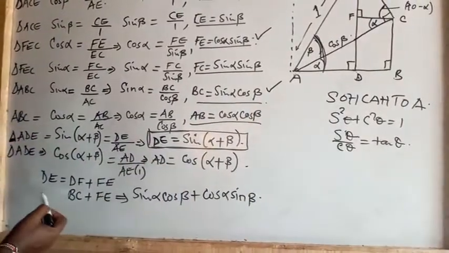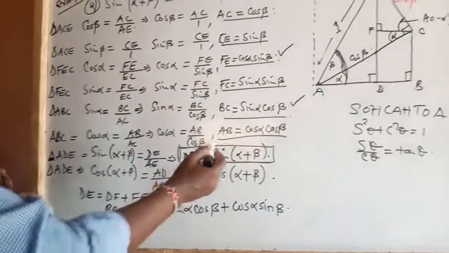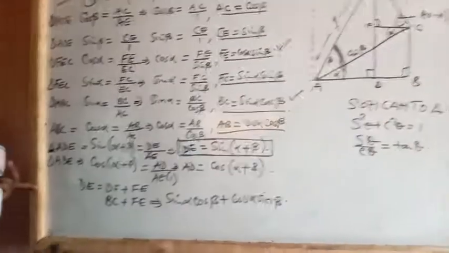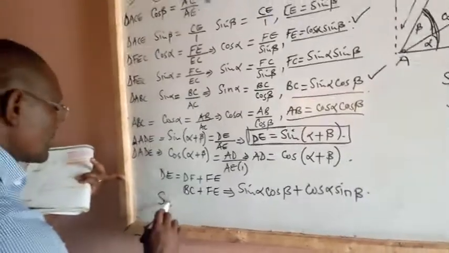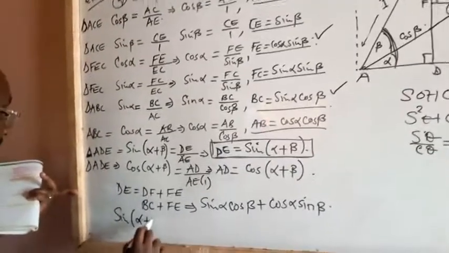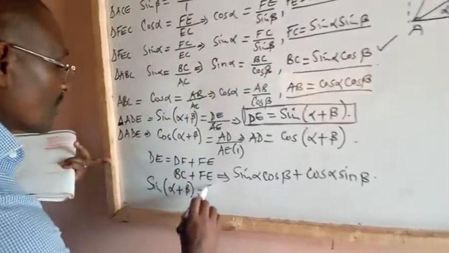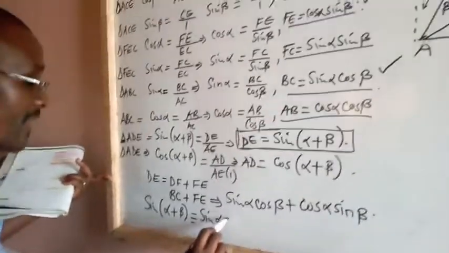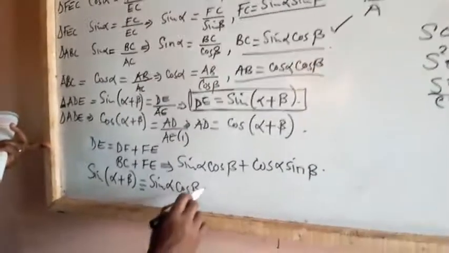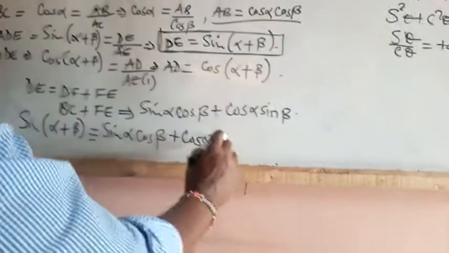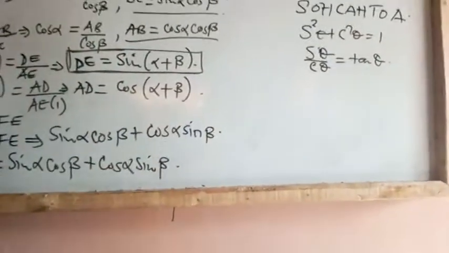Instead of writing DE, we can say sine alpha plus beta is exactly equal to sine alpha cos beta plus cos alpha sine beta.